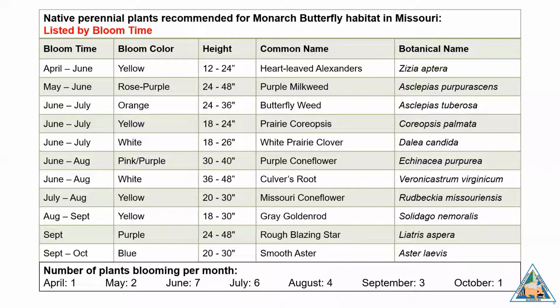But I would also need some nectar producing wildflowers that could give energy to the adult butterflies as they came through this location. So my flower list, I knew I needed some nectar flowers and some milkweed flowers.